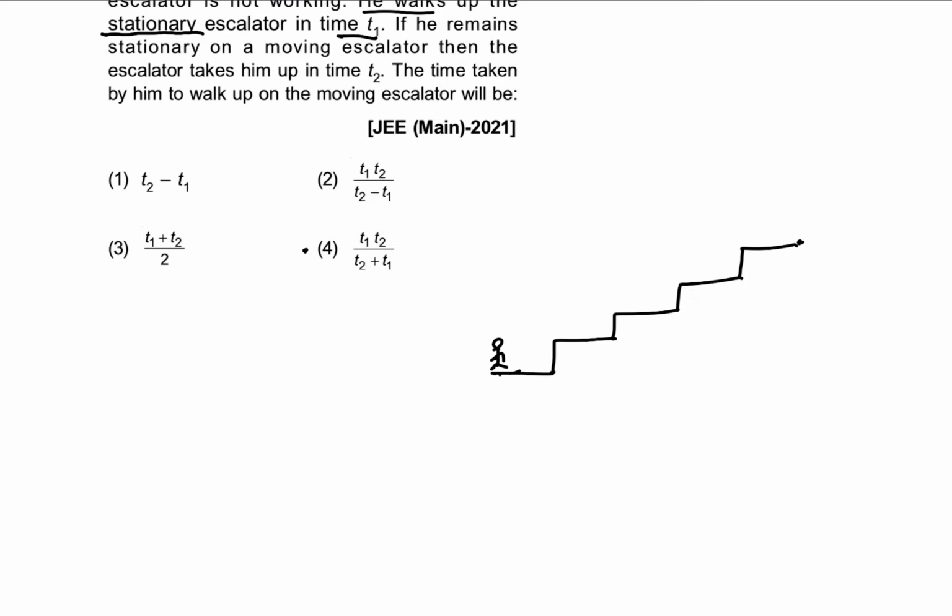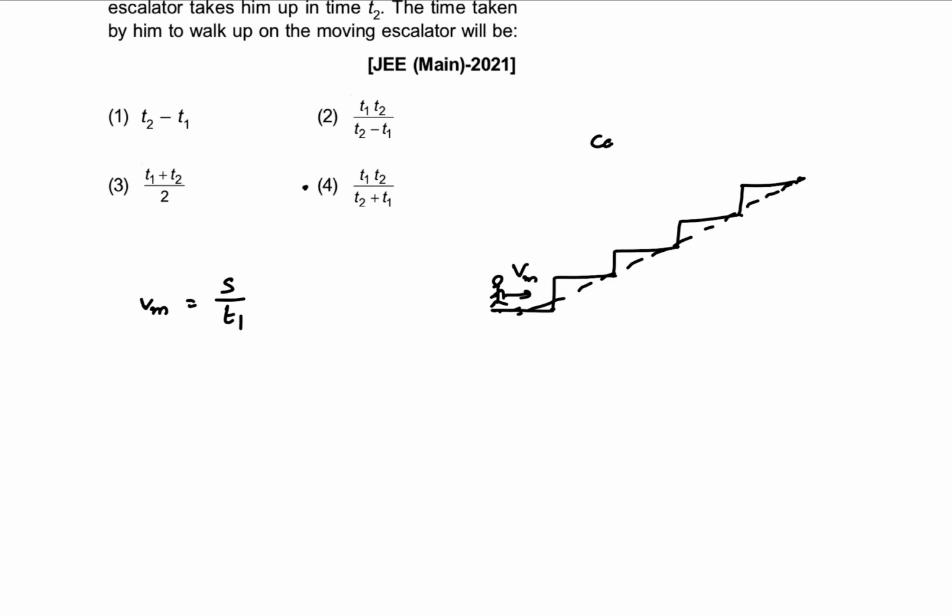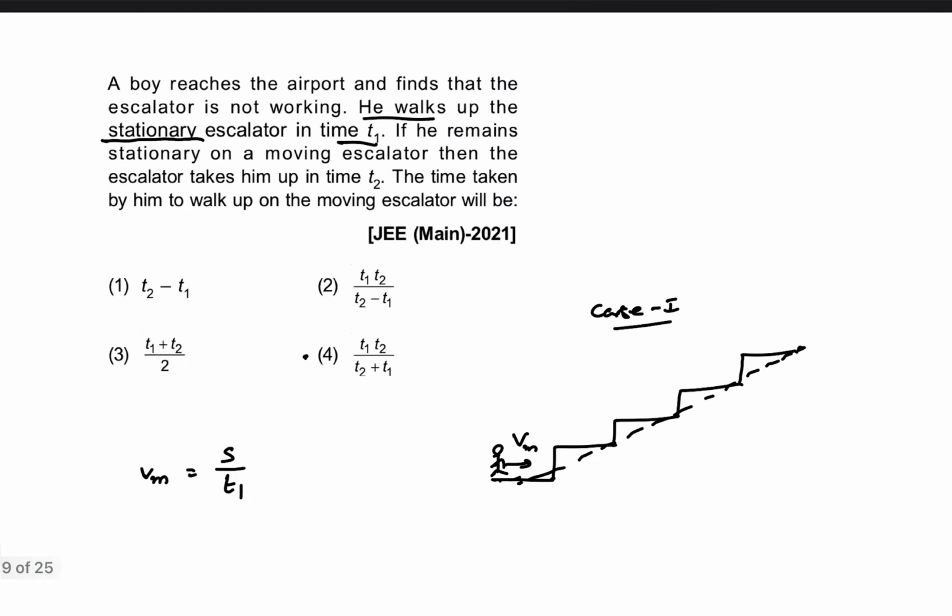Now a boy is walking from here along this escalator and is going to reach here. Whatever distance the man covers, I am writing velocity of the man is equal to distance covered divided by the time taken t1 in the first case. This is case 1.